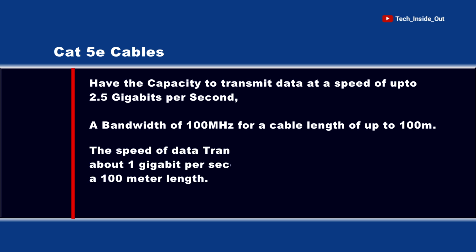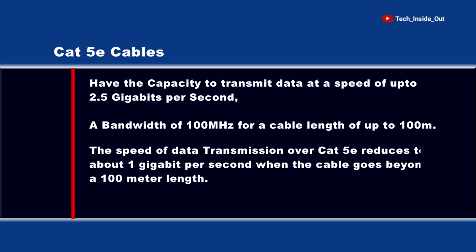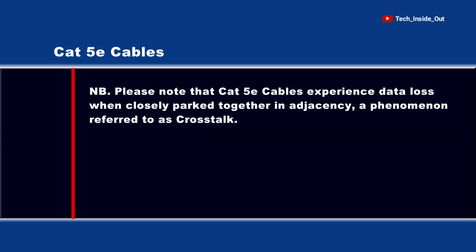The speed of data transfer over Cat5e cables, however, reduces to 1 gigabit per second when the cable goes beyond 100 meters length. Please note that Cat5e cables easily experience data loss when closely packed together in adjacency, a phenomenon that is referred to as crosstalk.